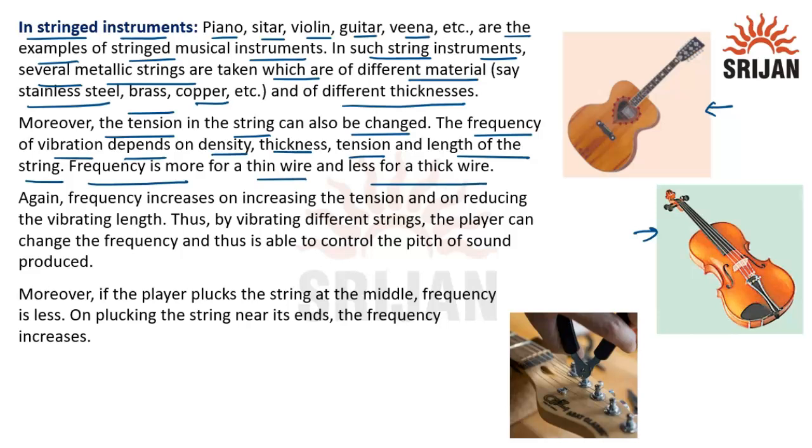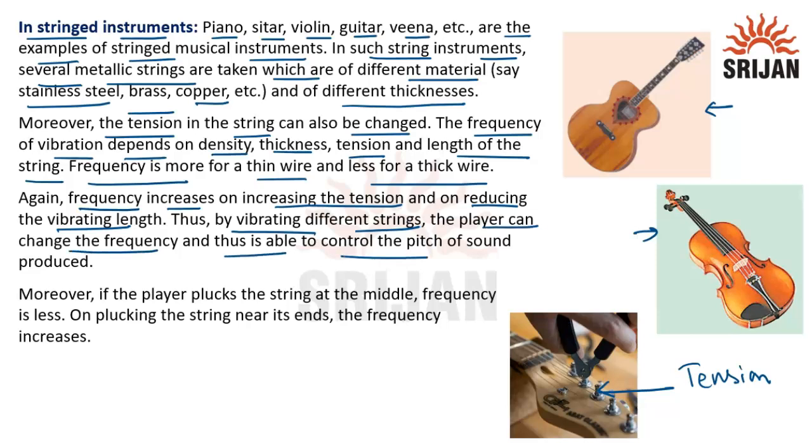So, we can see that here these are the keys of the guitar and these are used to change the tension of the strings. Again, frequency increases on increasing the tension and on reducing the vibrating length. Thus, by vibrating different strings, the player can change the frequency and thus is able to control the pitch of sound produced.